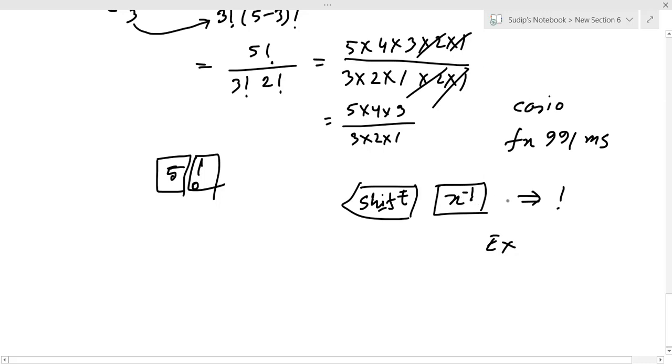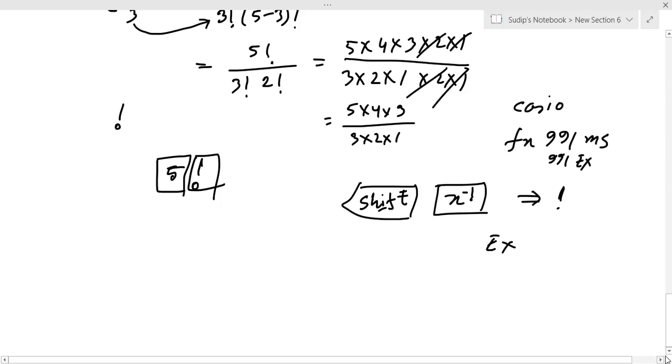Shift x inverse will give you the factorial sign for fx 991 EX. I have these two calculators, so I can tell you. Find where this sign is given in your calculator, and then you can find this factorial value easily.